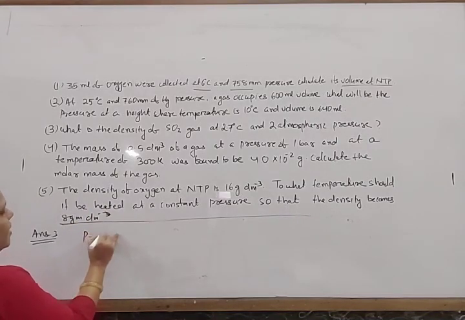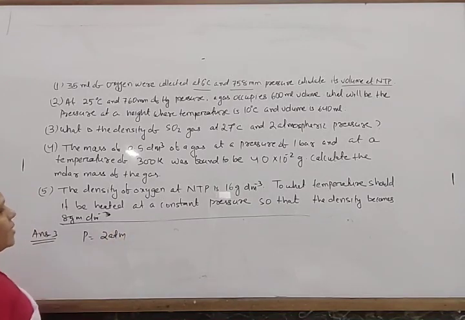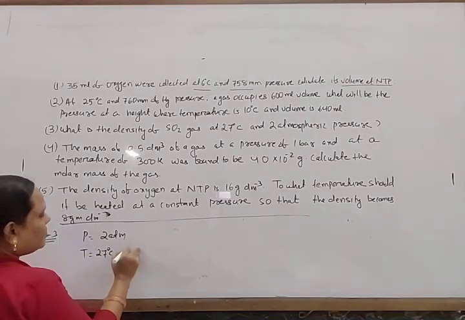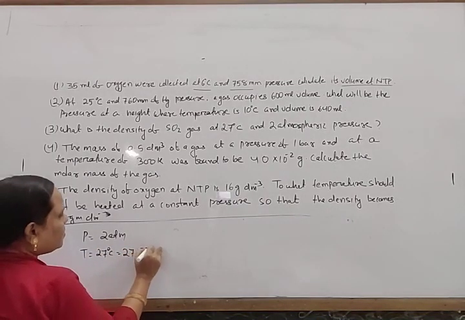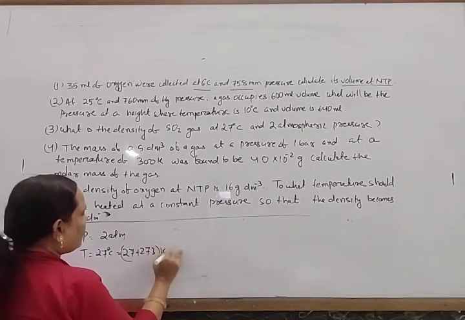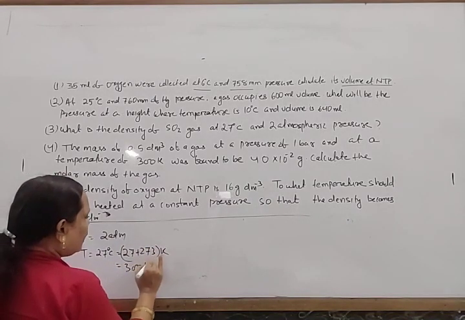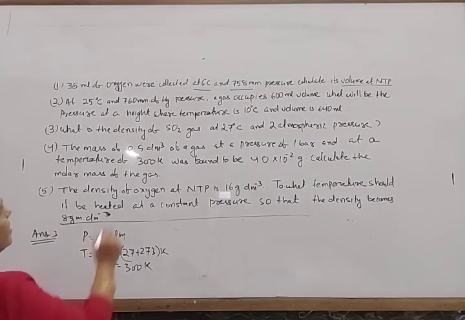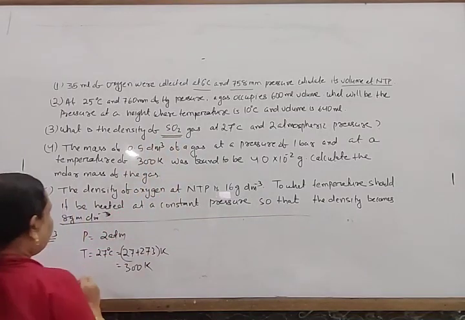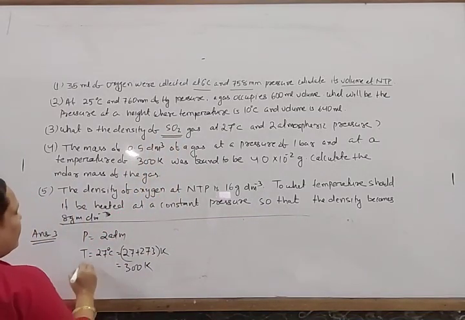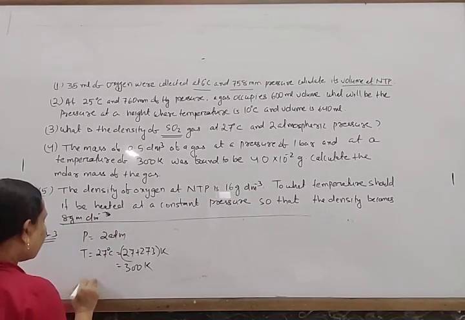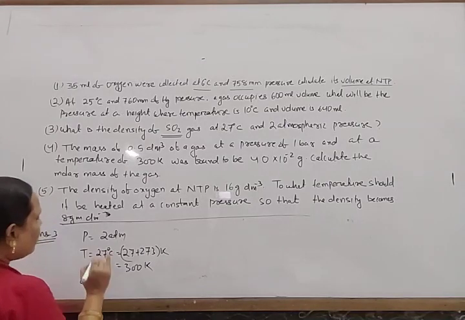Pressure P is given as 2 atmospheres, and temperature T is 27 degrees Celsius, that is 27 plus 273, which is 300 Kelvin. The gas given is sulfur dioxide, and the question asks to find the density, D.